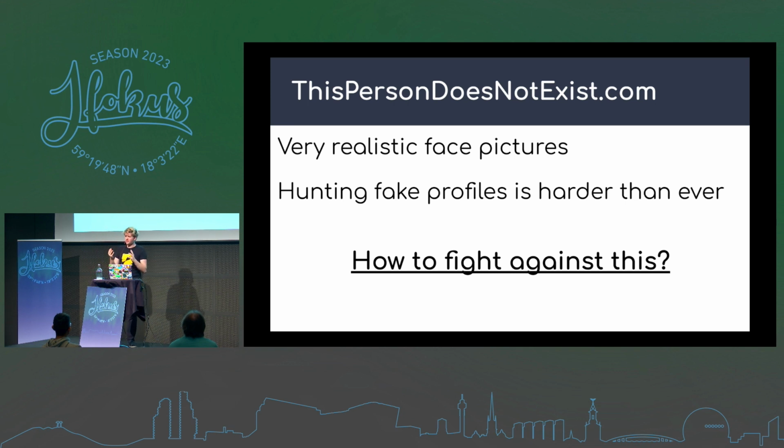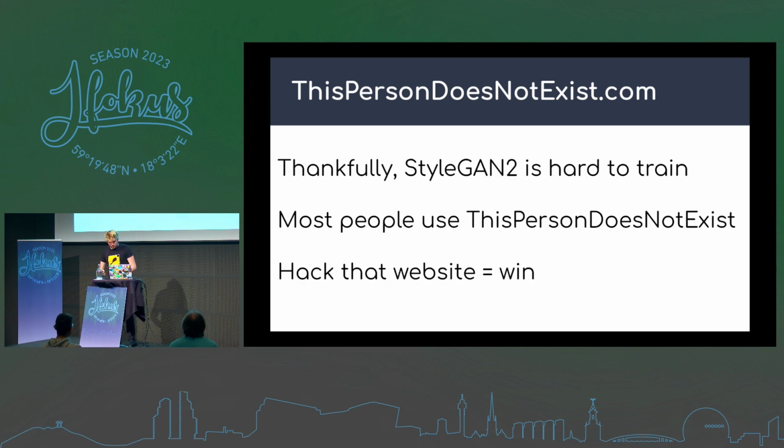But now with that kind of generators, you have one-time pictures that can be reused, and so I wanted to be able to tell apart people who have a fake profile from legitimate users. We have the luck that StyleGAN2 is hard to train, and scammers don't really want to go through the entire effort of deploying their own model for faces to just generate a few fake profile pictures.